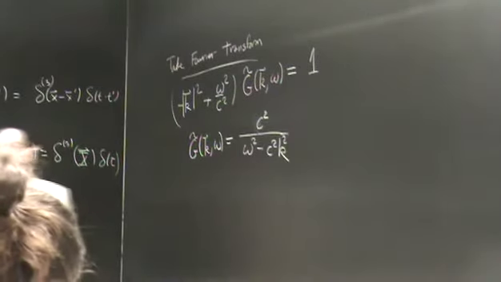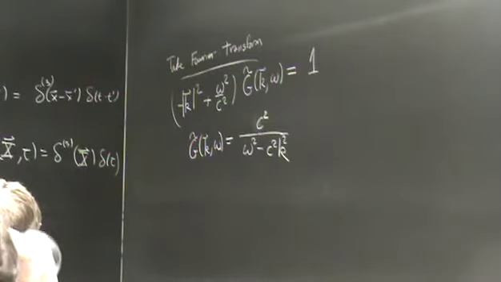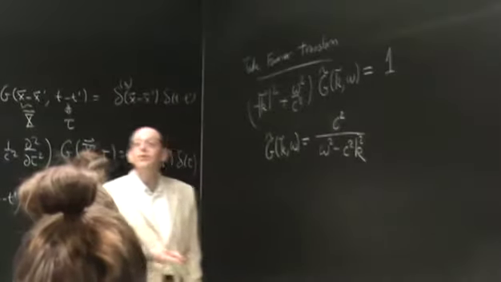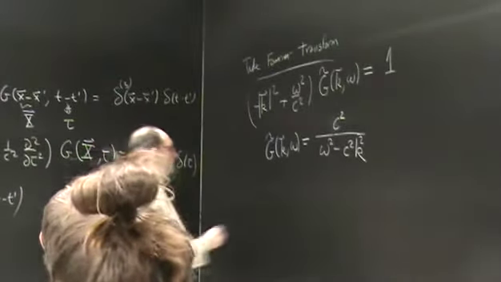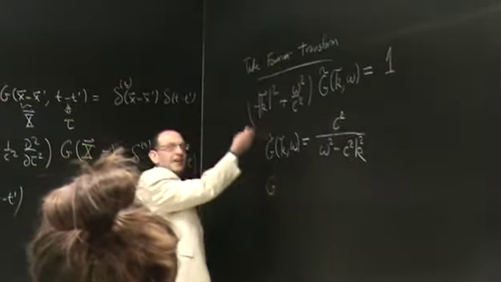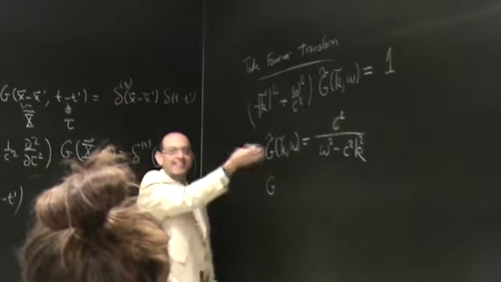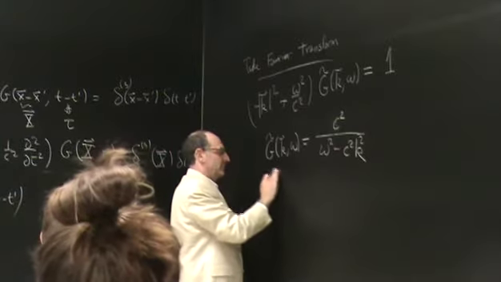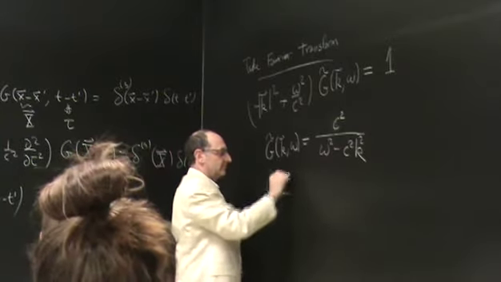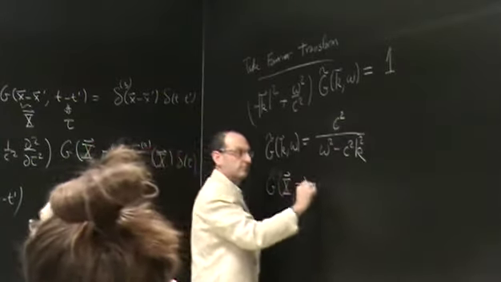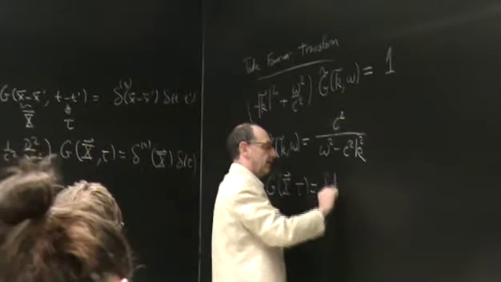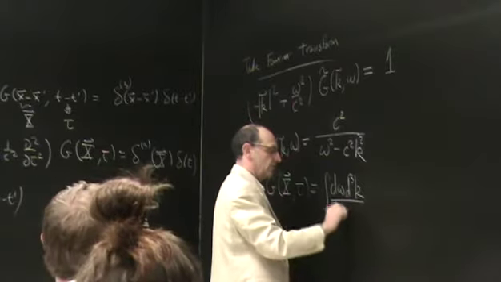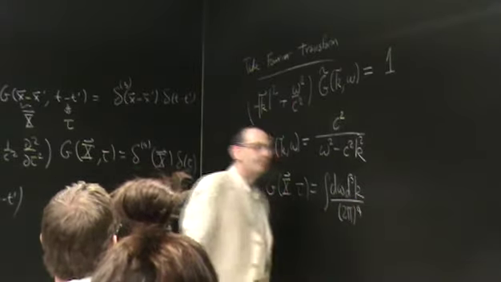Okay? And so now to find the Green's function in space-time, we need to take the inverse Fourier transform. Isn't it nice to solve a differential equation in Fourier space? That's lovely. I have to integrate over omega and integrate over k, with a 2 pi for each of those.